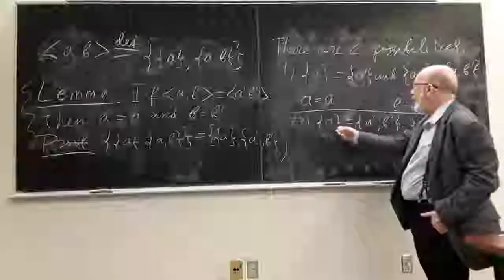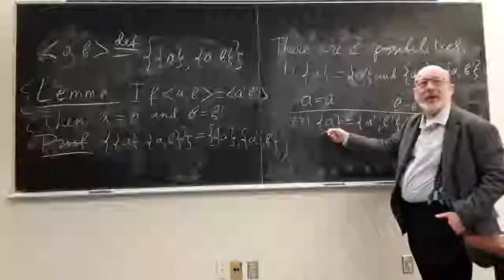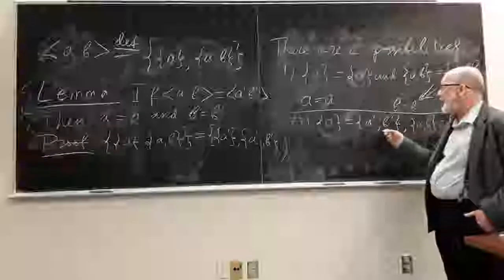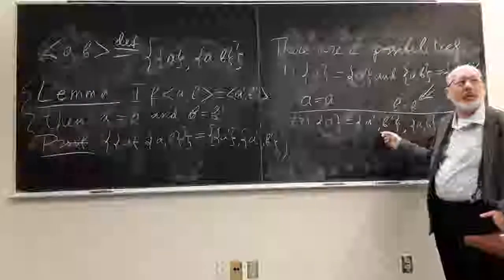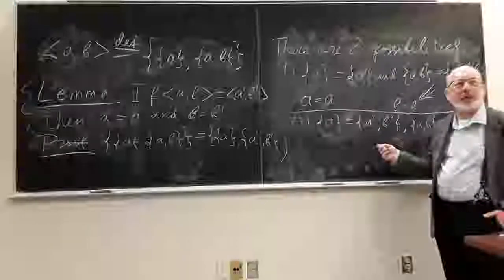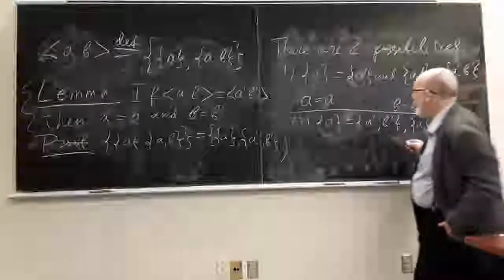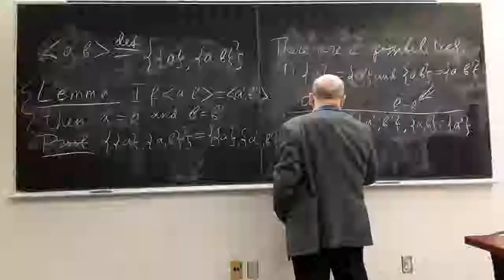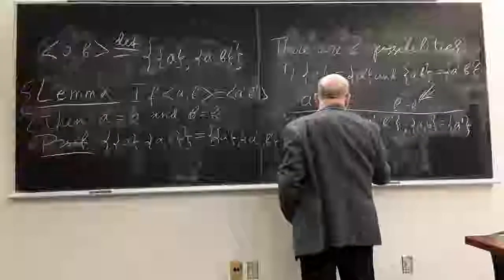In this case, here we have just one element, and here at most two elements, but they cannot be different, because a set of one element cannot be equal to a set with two elements. So this means that A equals A prime equals B prime.